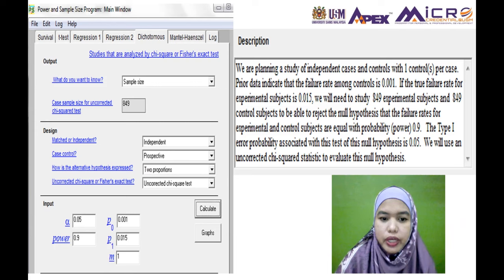This is how you enter the facts in the PS software. First, you have to choose dichotomous. Then, what do you want to know? You have to choose sample size.